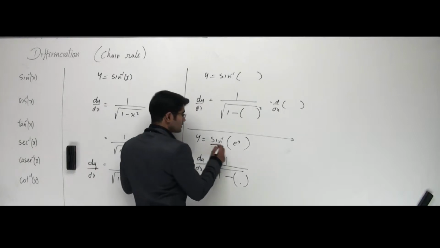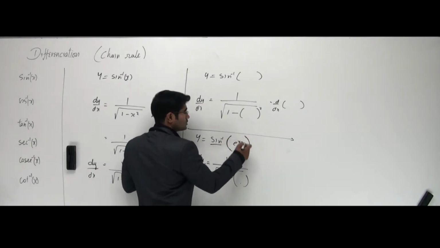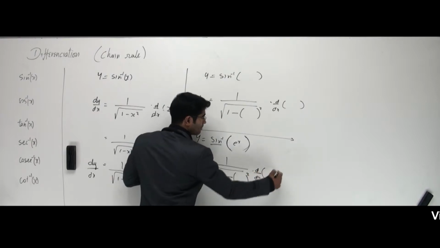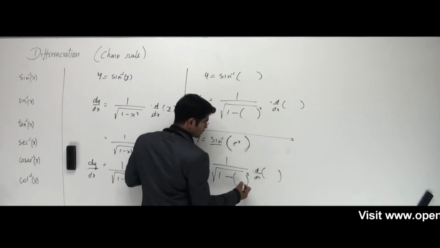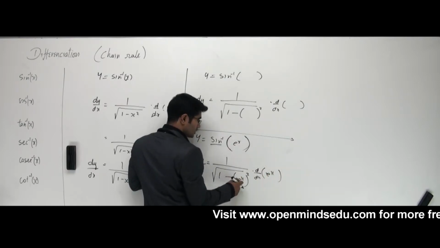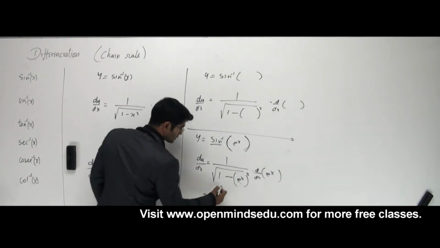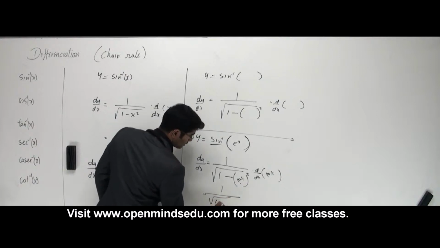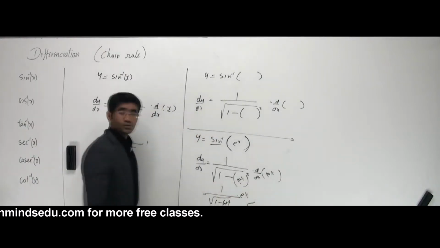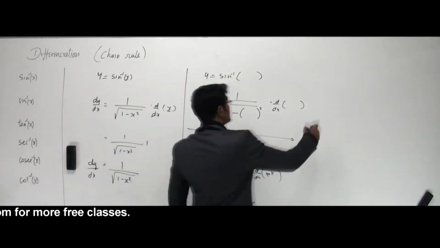Whenever sine inverse comes, you need to assume it to be a bracket squared, into differentiation of that particular bracket or function, whatever it is. So e power x comes here and e power x comes here. Whatever comes inside should come here and here. So that is 1 by root of 1 minus e power x the whole squared into e power x. That's your answer.